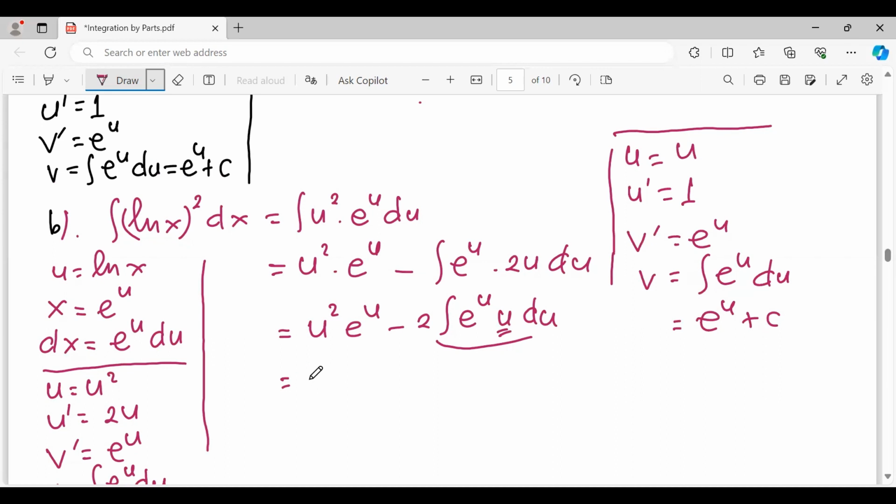So this integral becomes u squared e power u minus 2 times u times v, u times e power u, minus integral v, this one, e power u, times derivative u, times 1, du.